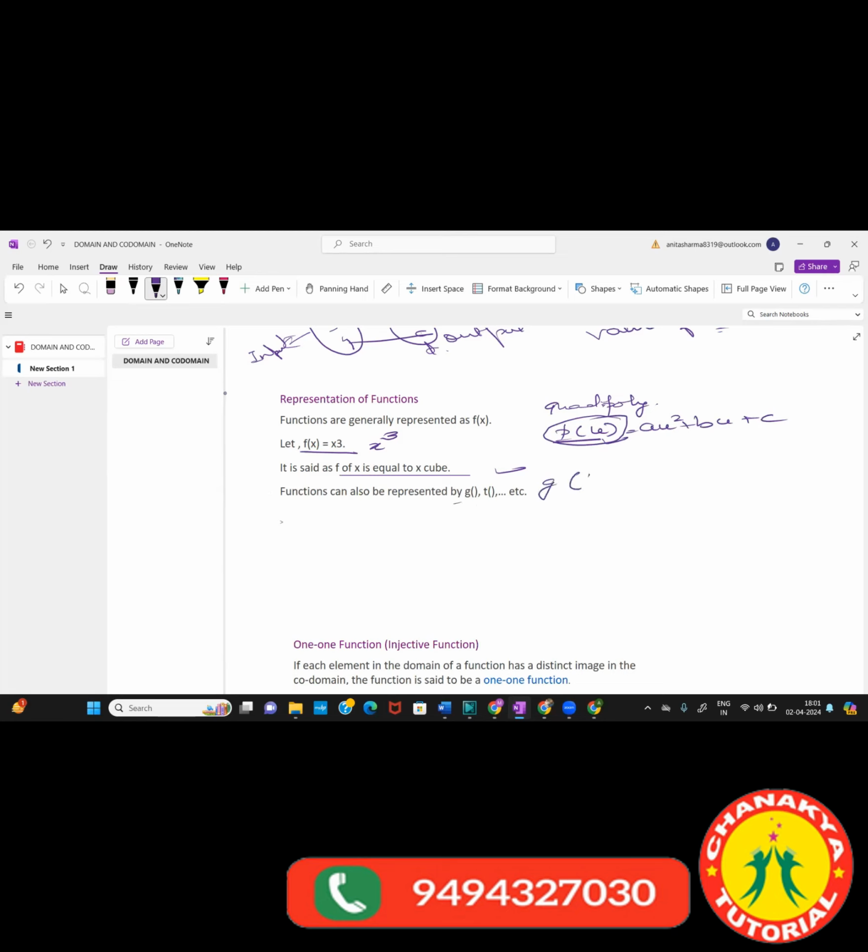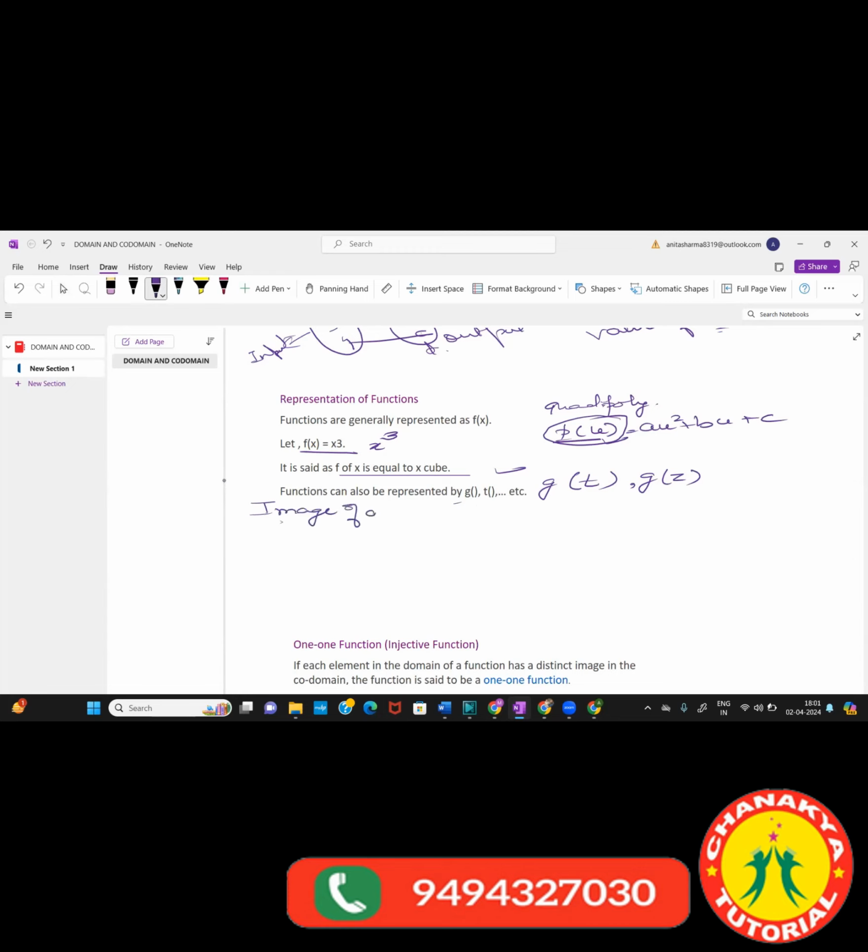Suppose a function is given in terms of t, you will write g(t). Suppose a function is given in terms of z, you will write g(z). Got it, beta? Understood? Dhanunjay, Jaswant, understood, beta?